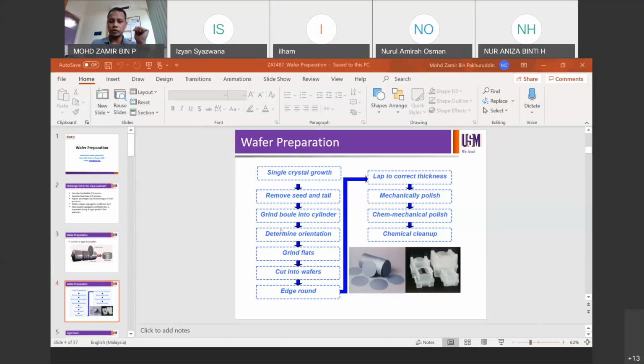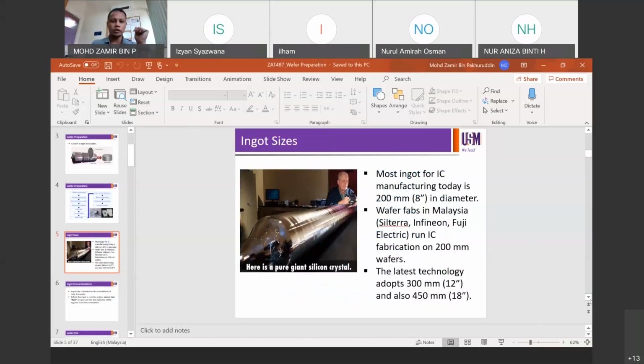Okay, so these are all the processes that need to be gone through by each silicon wafer before they are packed for sale. Okay, ingot sizes. Most ingots for IC manufacturing today are 200 mm or 8 inch. Silterra is doing 8 inch. I think Infineon is doing 8 inch as well. We don't have any bigger wafer size in Malaysia wafer fab.